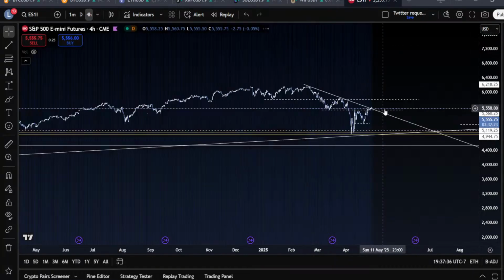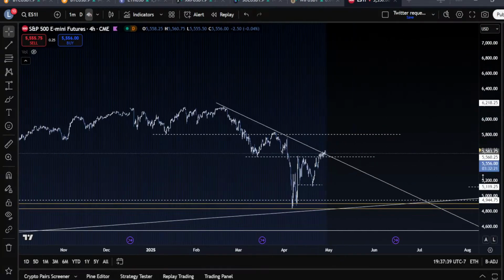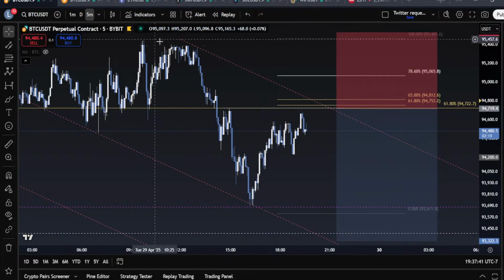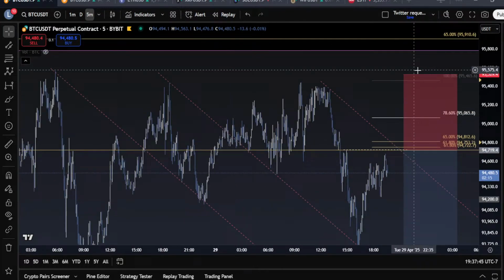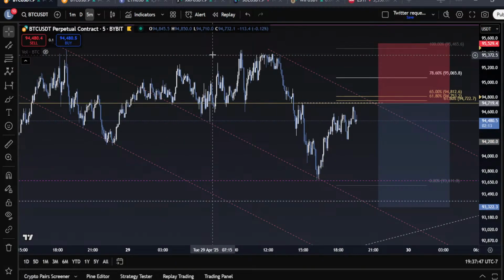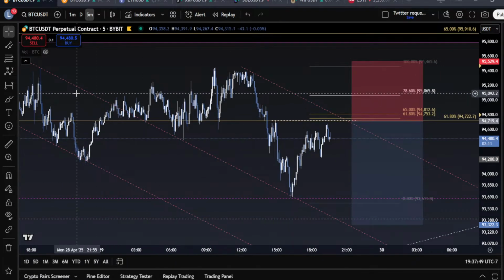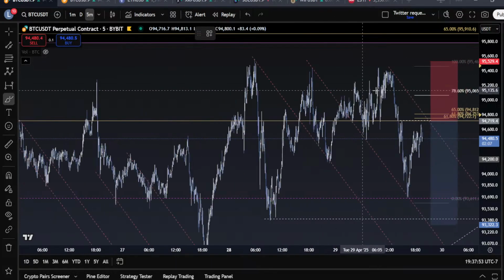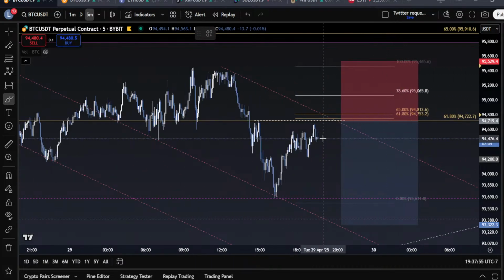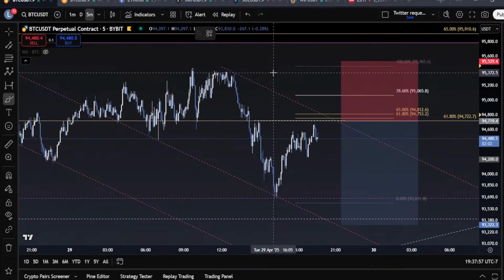That's my primary thesis. I don't want to go into all the reasons why, because it's just too much to explain. There's too many reasons why. But at the end of the day, I'm here looking to short on the 5-minute chart a local range that didn't exist a few days ago. So who knows? Who knows what I'll be trading tomorrow?